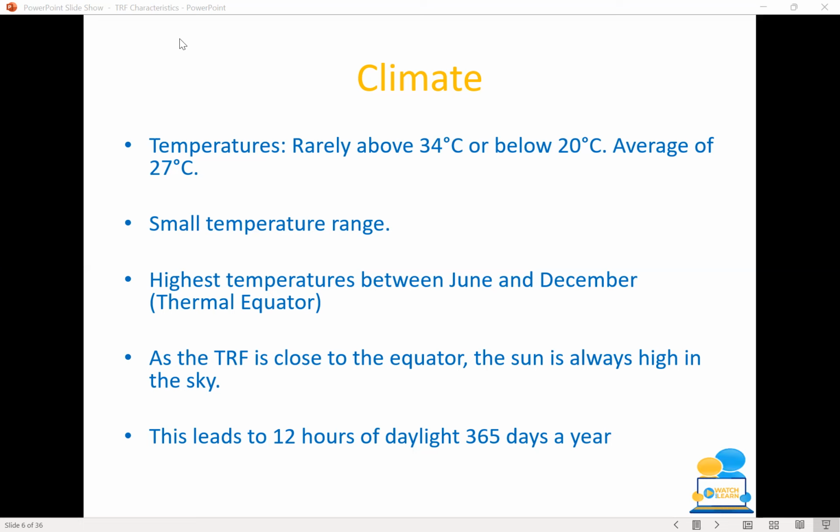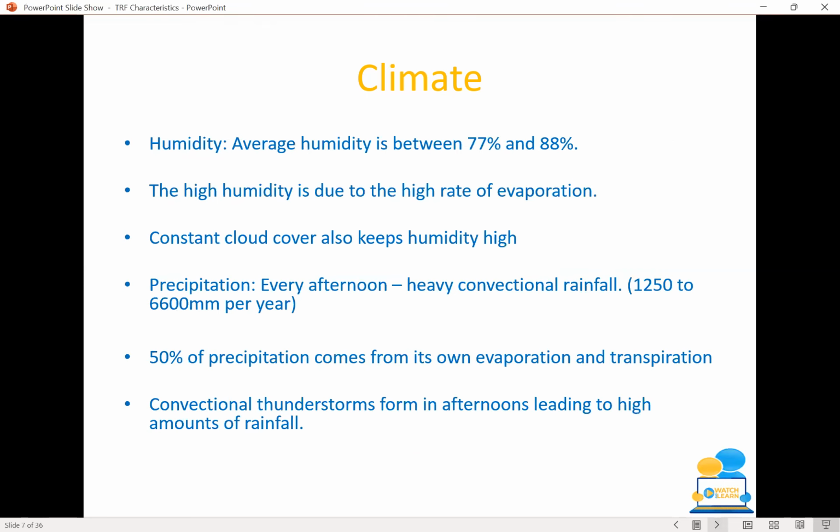If you think about Ireland, in wintertime we wouldn't get 12 hours of sunlight every single day. So this is a lot more constant. It's 12 hours every single day. So it's really consistent, the levels of rainfall, temperatures, heat, and daylight, which means it's an ideal place for the growth of all these things that we're going to find in a tropical rainforest.